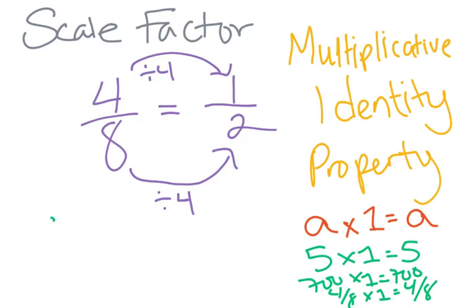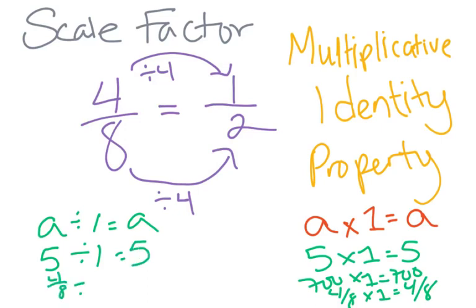If I had A divided by 1, it would still equal A. If I had 5 divided by 1, it would still equal 5. If I have 4 eighths divided by 1, it still equals 4 eighths. That's kind of what we're doing up here in the purple, and let me prove it to you.